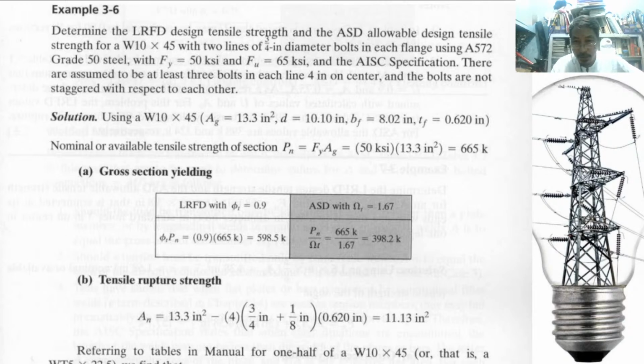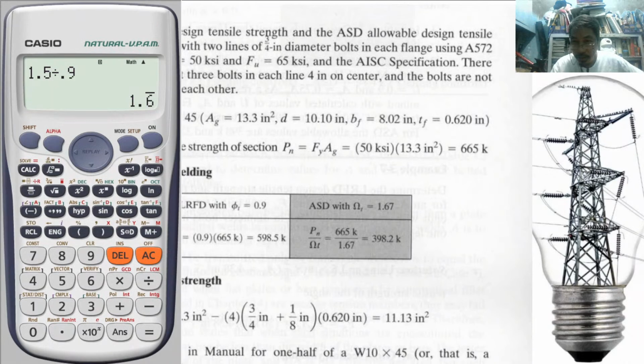Okay, so we have a Casio calculator. Let us compute, starting with 13.3. Subtract 3 holes, quantity 3/4, 3 divide 4, plus he is using 1/8.